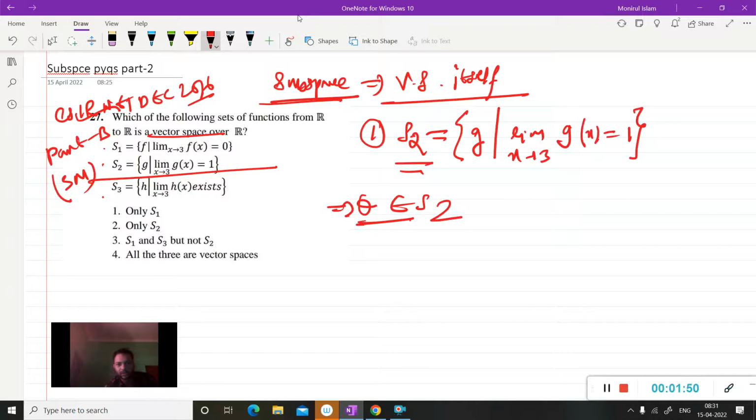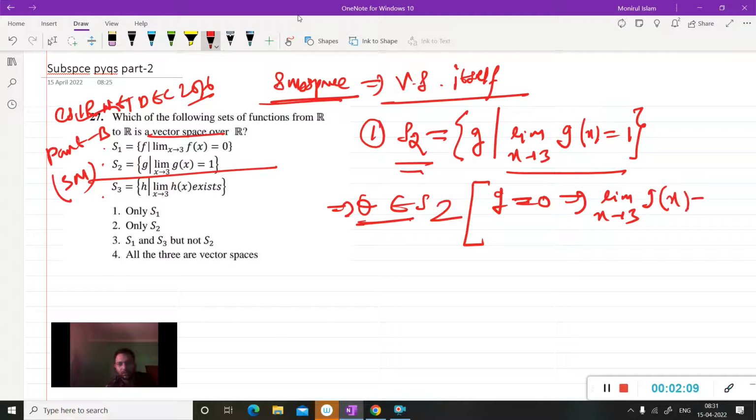In case of functions, the zero vector is the zero function. Does it belong to this set? No, because if the zero function belongs to S2, then by definition its limit will be 1.